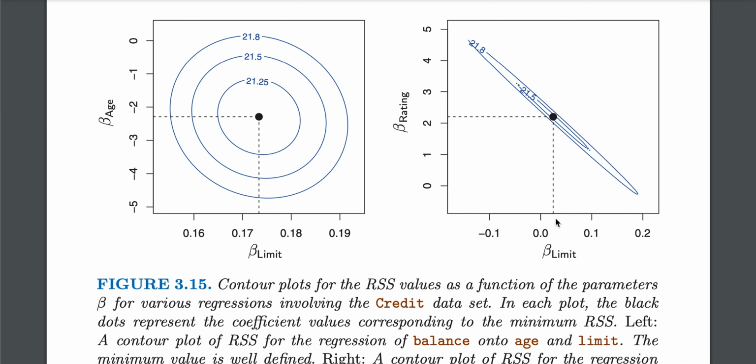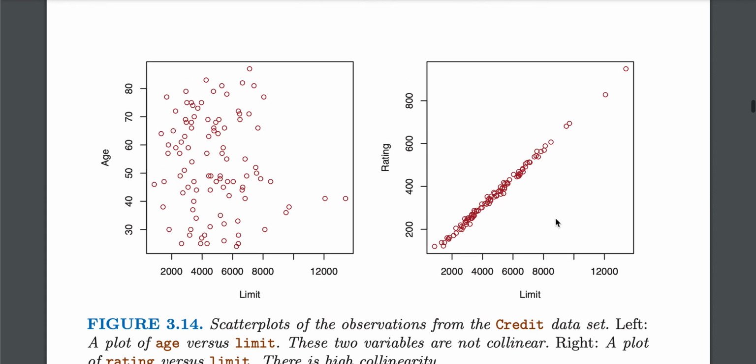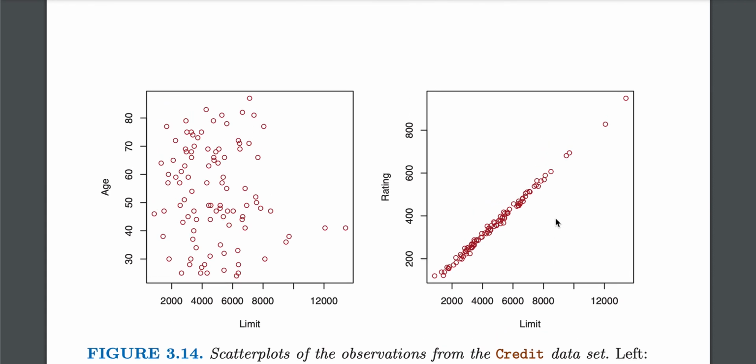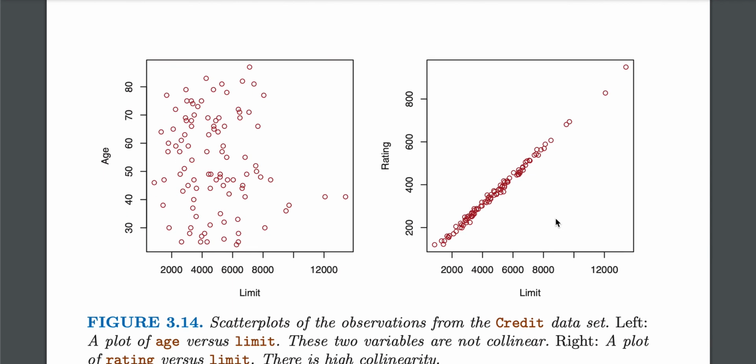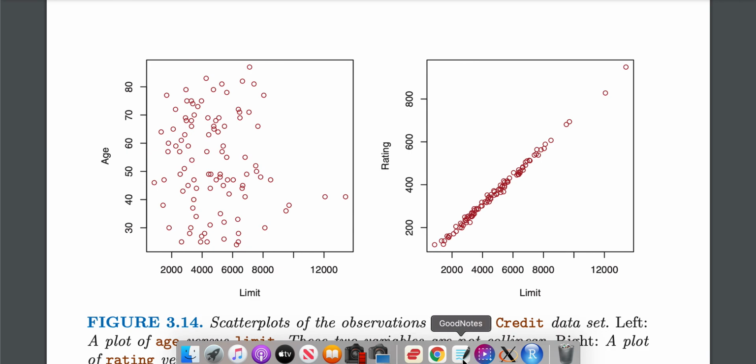So the range, the uncertainty that is incurred, is significantly higher, and that's something you will always see whenever there is collinearity. Then the estimated standard errors are larger.